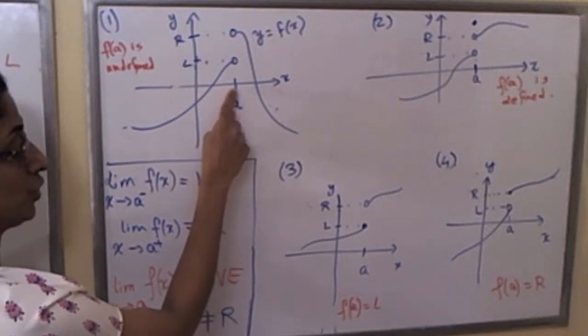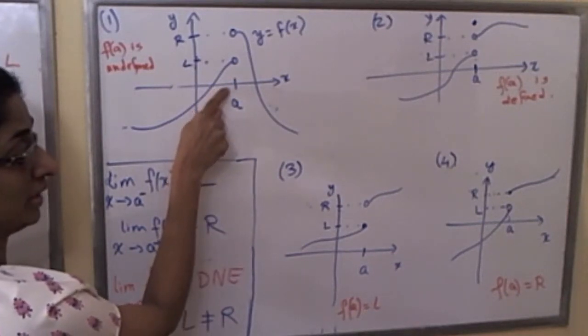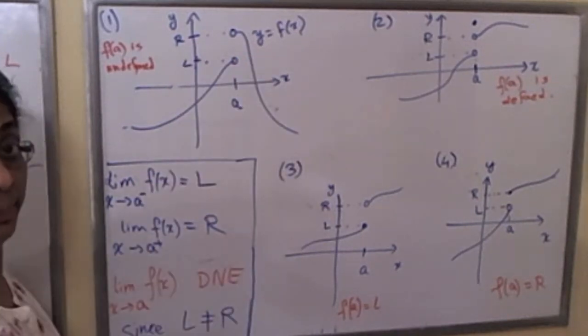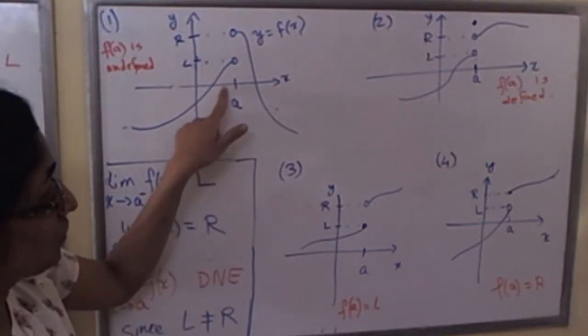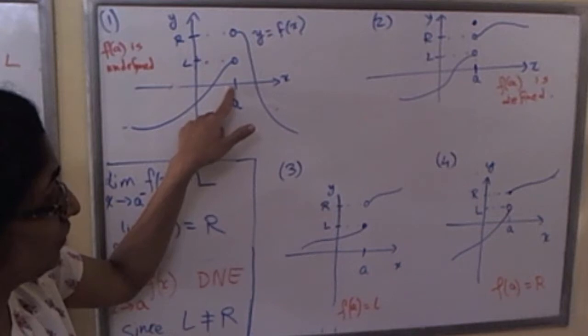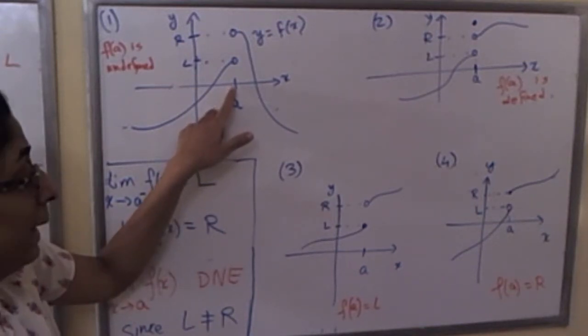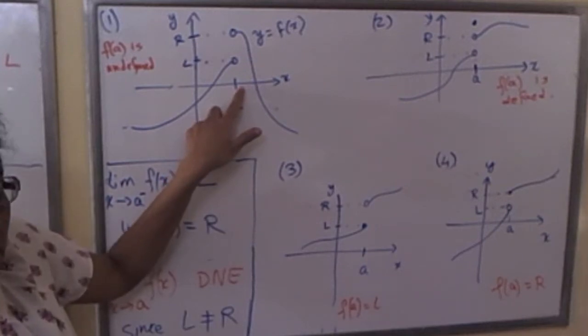So I approach A from the left-hand side. That means you might as well not look at this piece of the graph. So x approaches A from the left-hand side, so I look at points very close to A but never being on top of A.